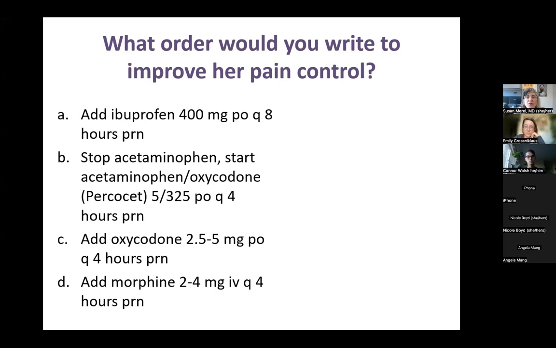Would you add morphine? We're getting some results. Thanks, guys.